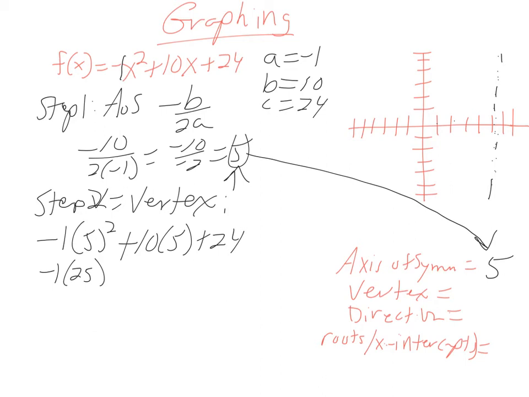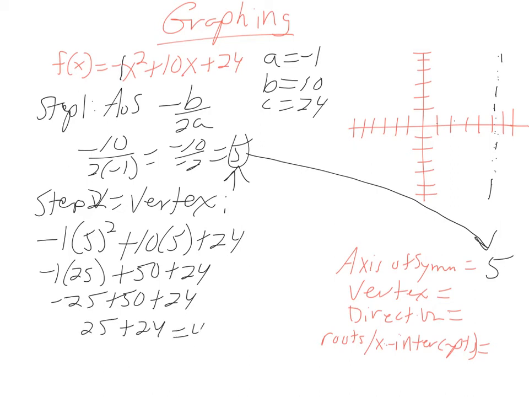You have to do the squaring first before you can multiply. Plus 50 plus 24. So that's negative 25 plus 50 plus 24, which is 25 plus 24, which would be 49. So that is our vertex. Our vertex is 5, 49, because I put 5 in the equation and got out 49.